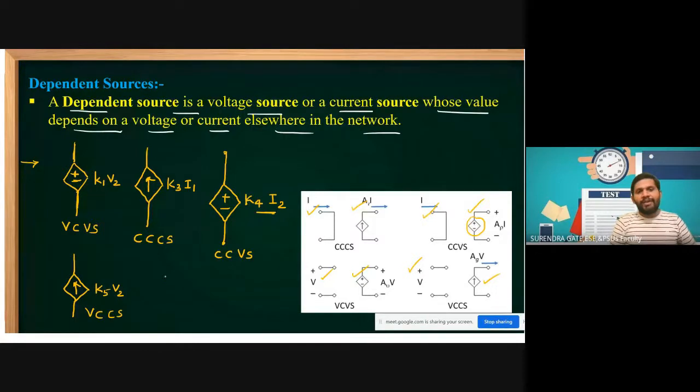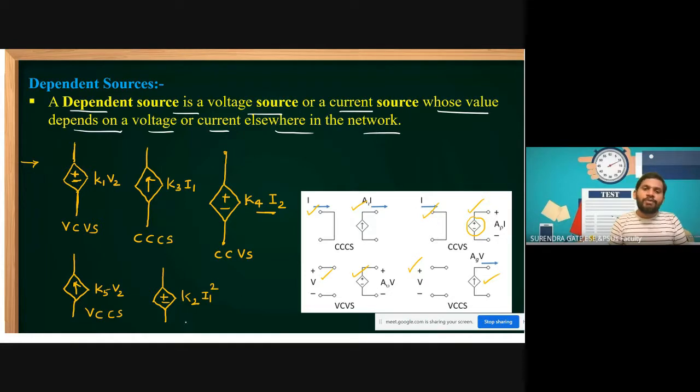For example, if it is given like this, what is this source? I am giving plus minus, with some constant K6, and some K2 into I1 square.